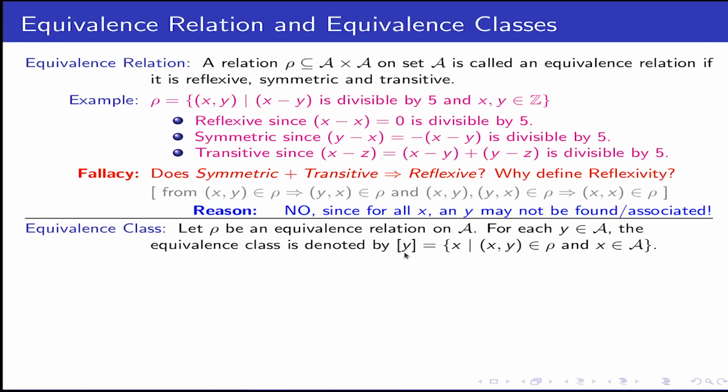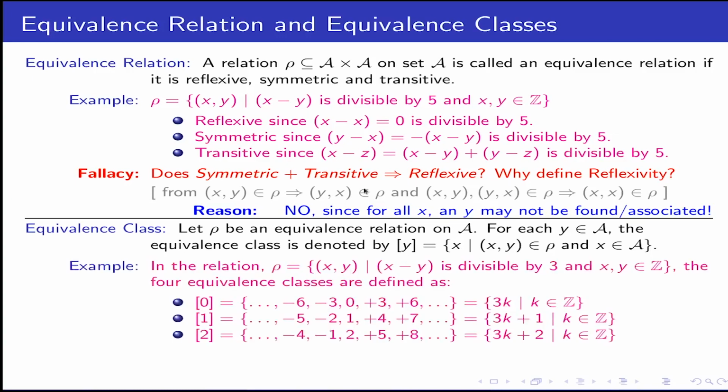That I will get a class which I could define within third brackets, and any member could be a representative, because if (x, y) is present, then (y, x) will also be present in this class due to symmetry. So I can say this is also [x]. So all the members could be a representative and could be denoted by this, and all of them form an equivalence class. So all the elements are equivalent inside that set.